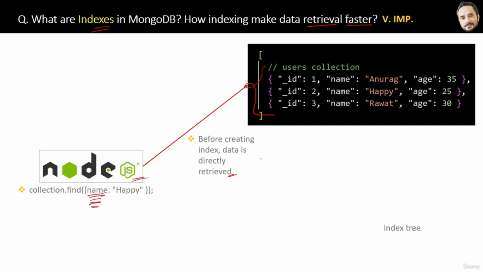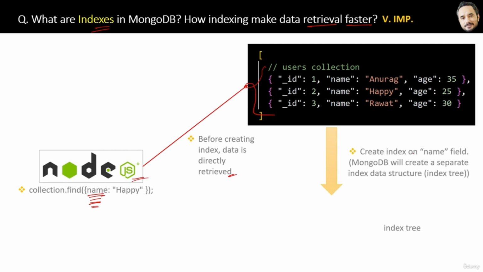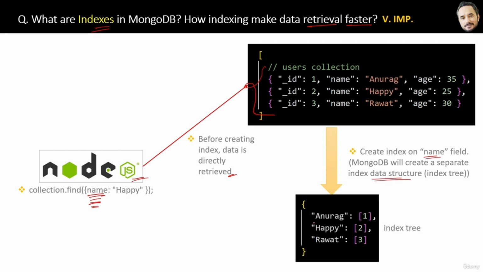Now to make the data retrieval faster, we will first create an index on the name field. As a result, after creating the index, MongoDB will create a separate index data structure for the name field like this. Listen carefully.